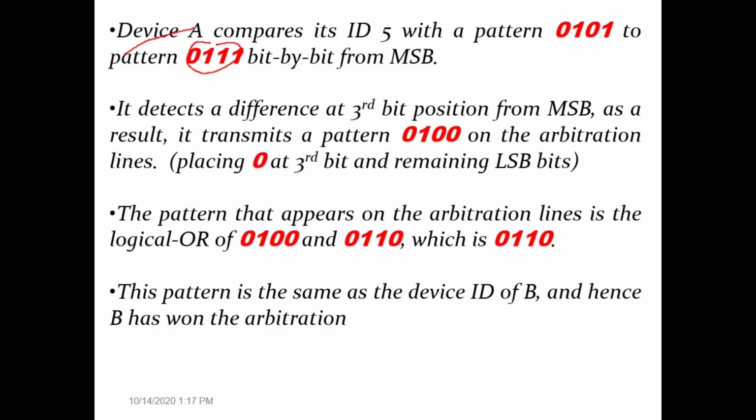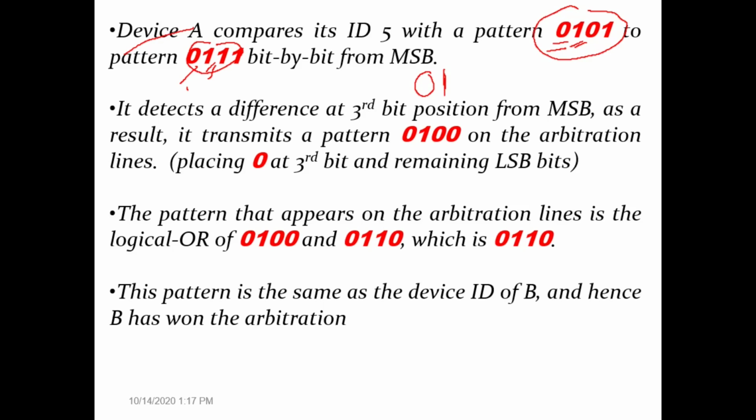So what does it do after receiving that new logical OR? It compares with its original ID bit by bit from the MSB side. Its original ID MSB bit is 0, and what it has received is also 0, so that 0 is kept just as it is. Then the next bit of the original ID is 1, and the next bit in the received ID is 1, so device 5 keeps the next bit as 1.